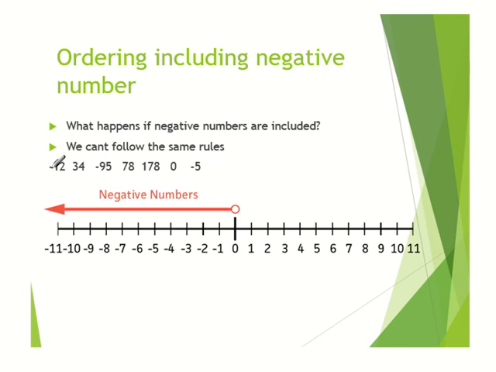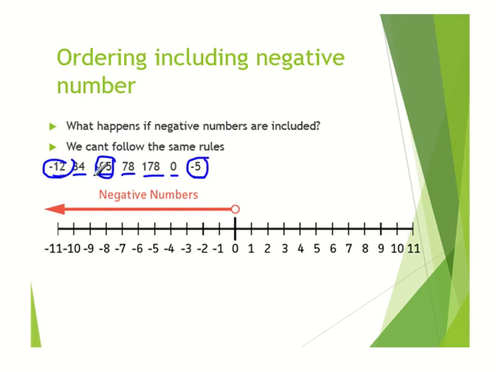So if you're asked to order these numbers up here, you've got -12, 34, -95, 78, 178, 0, and -5. If we were to ask to order those from lowest to highest, for example, you would look at your minus numbers first, which is this one, and this one.